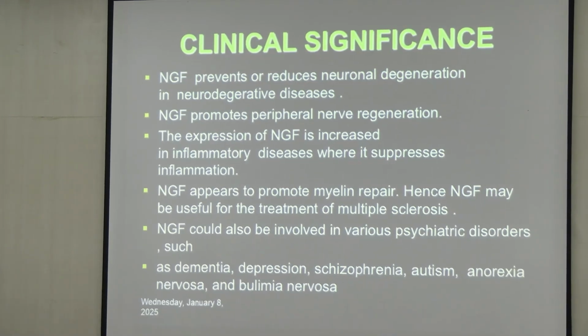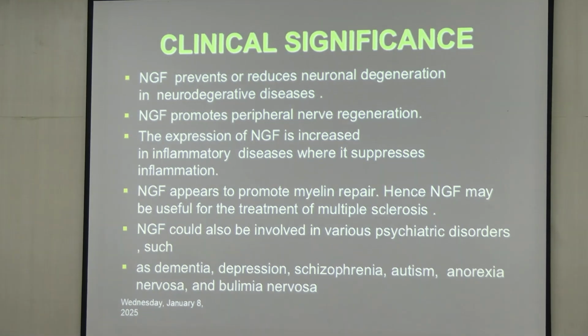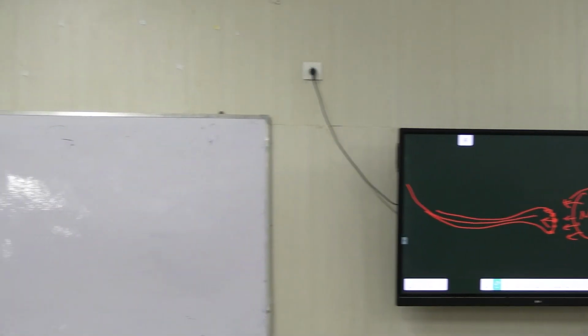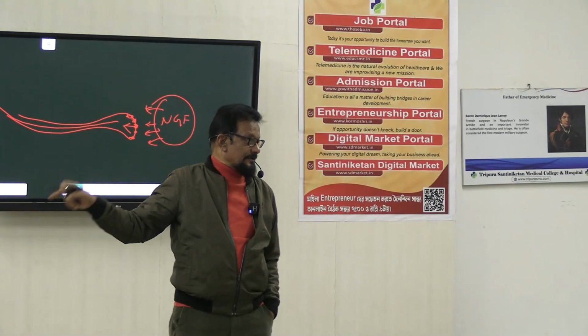Significance of NGF. Keep a photo of this. A question may be: write short notes on, or what is the clinical significance of NGF. Already I told, these points are summarized here.